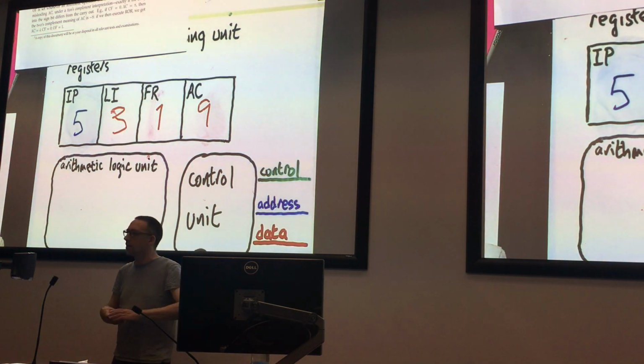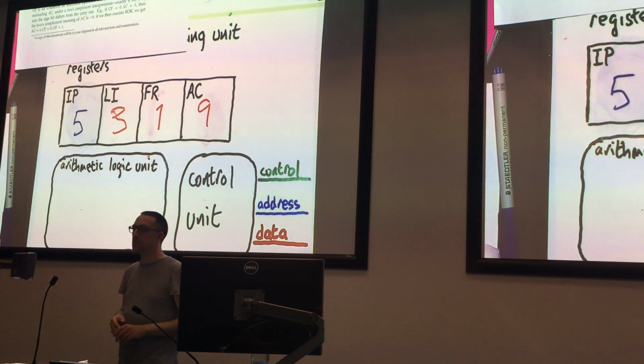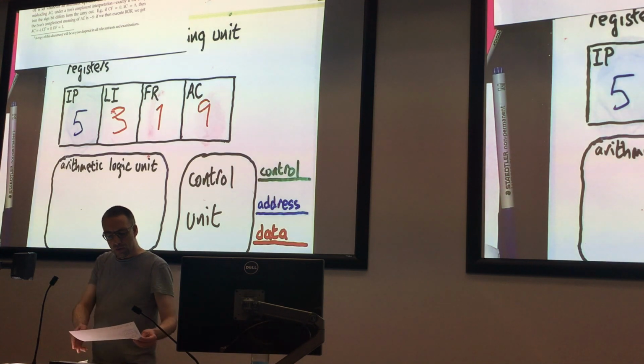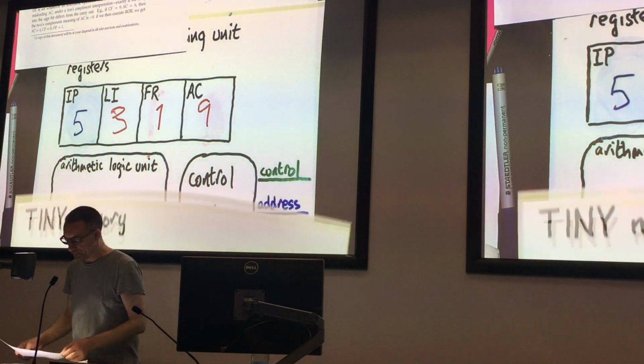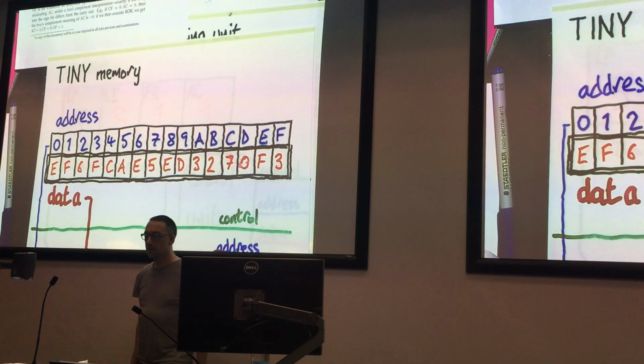And let's get part of the way through this cycle before we stop. Instruction pointer is 5. Can you do the operator fetch for me? That's A.